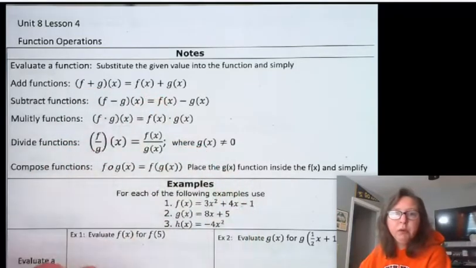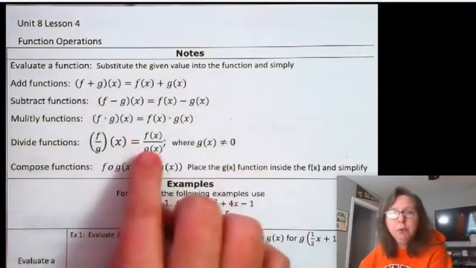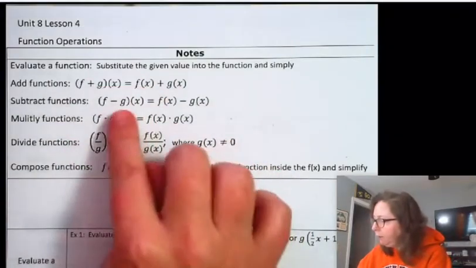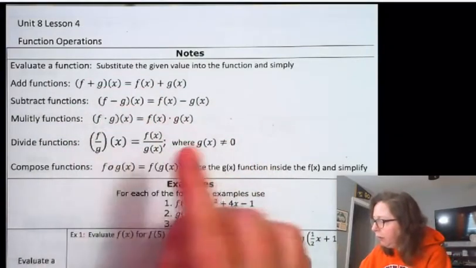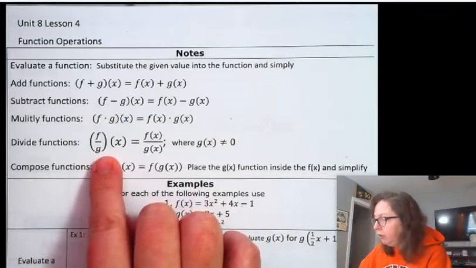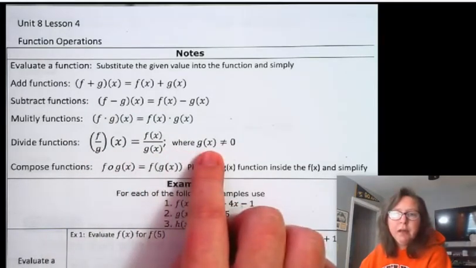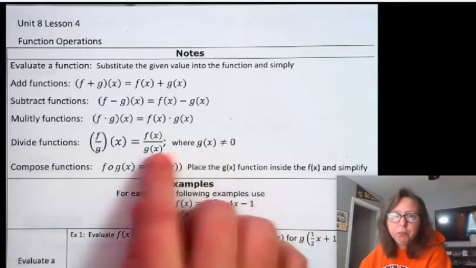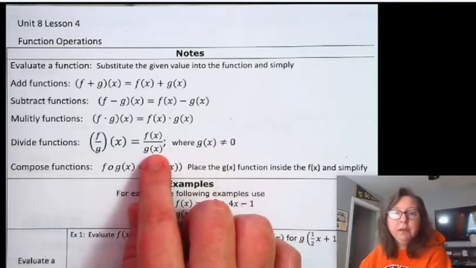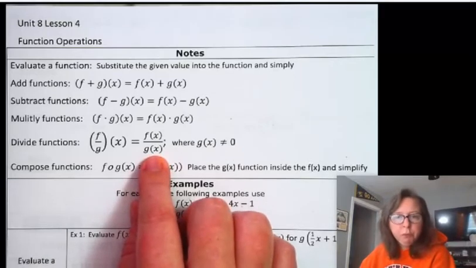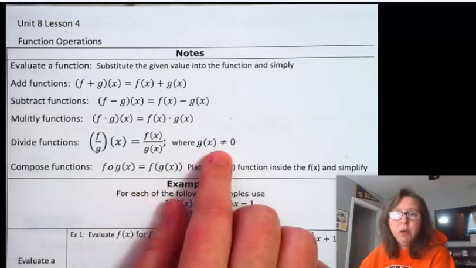So it is important to be able to understand what these look like in both forms. So we're going to add, subtract, multiply, and divide our functions. When we divide, we do need to understand that there's a restriction in the domain if we're going to graph it, because whenever you divide two numbers, you cannot divide by 0.